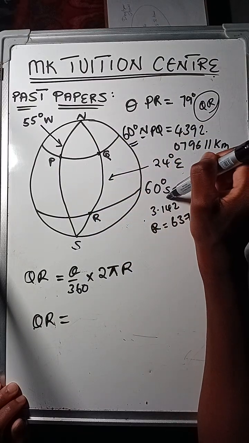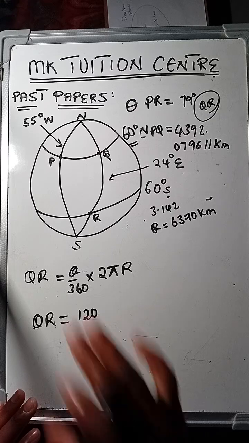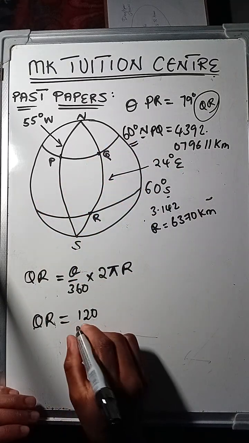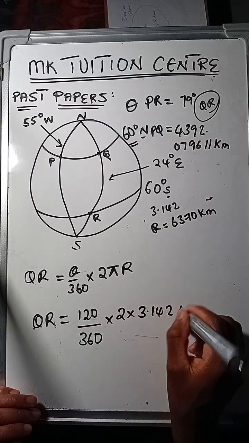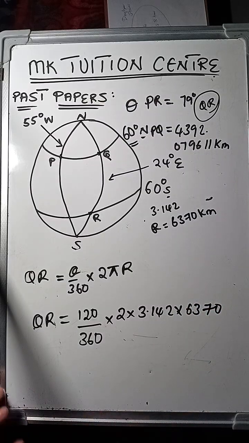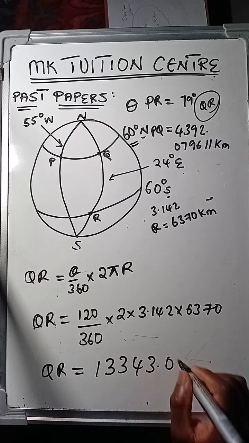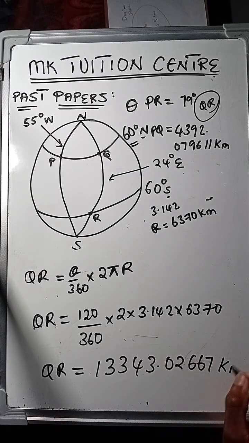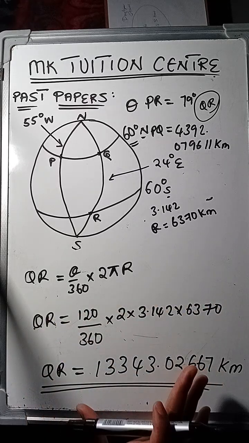They are on different sides, therefore we're going to add 60 plus 60 to give us 120 for the difference in latitudes for points Q and R, times 2 times pi, which is 3.142, times r, which is 6370. When you punch everything here, make sure that your distance is equal to 13343.02667 kilometers. So try this out, calculate this, and make sure you find this distance.